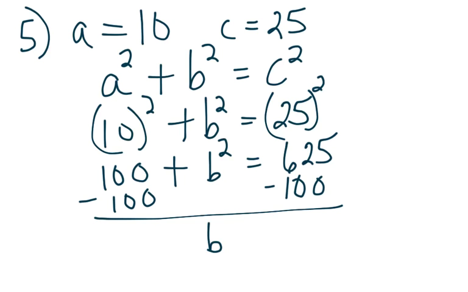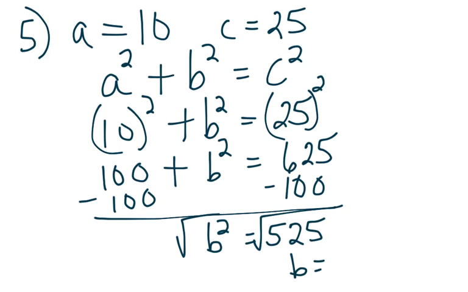So B squared equals 525. Take the square root of both sides. So B equals 22.91.